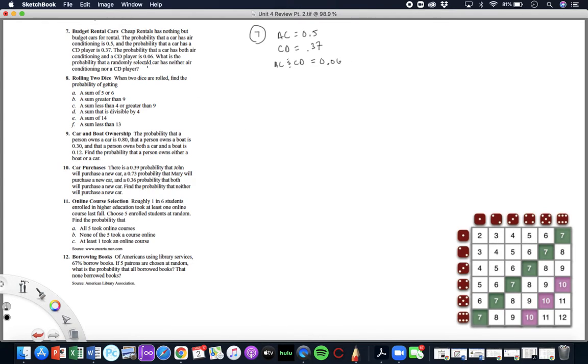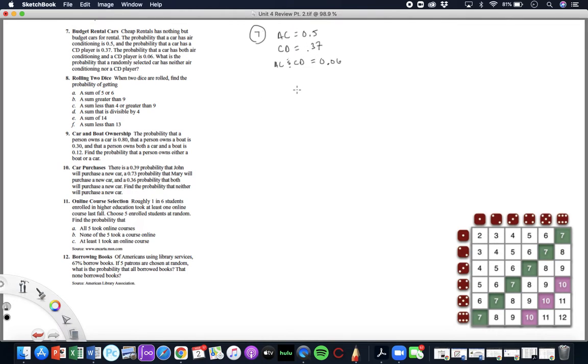Okay, so this is more of a reminder: it's not the classical probability, right? It's looking at an experience. So if we look at this here, what is the probability that a randomly selected car has neither air conditioning nor a CD player? Okay, so we have to consider the fact that, well, let's find the probability it has nothing.